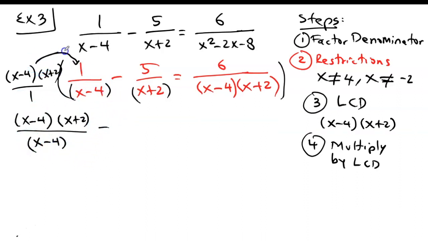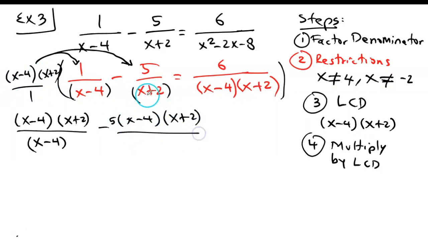Minus my LCD times 5. So let's put the 5 in the beginning: 5 times x minus 4 times x plus 2, over the same denominator, x plus 2, equals my LCD times the 6.